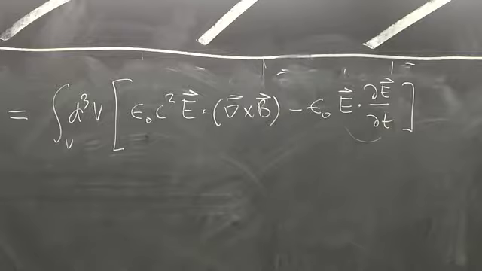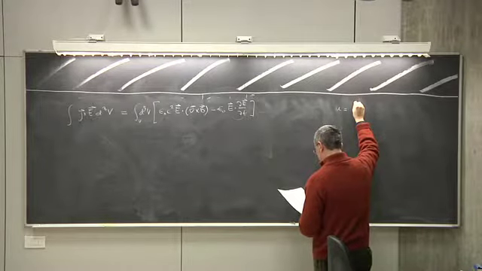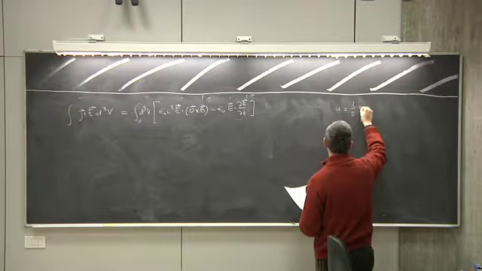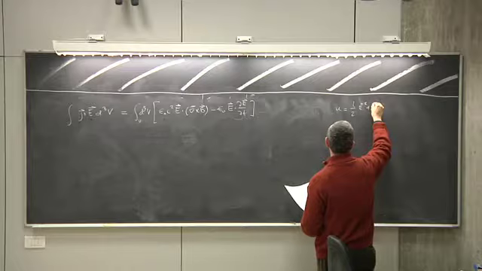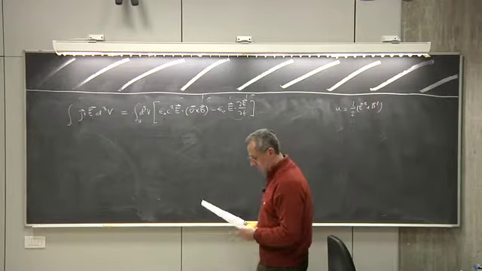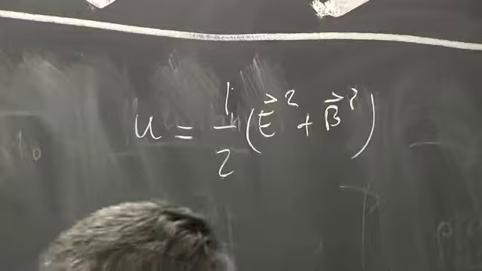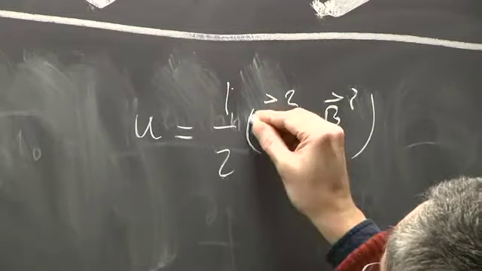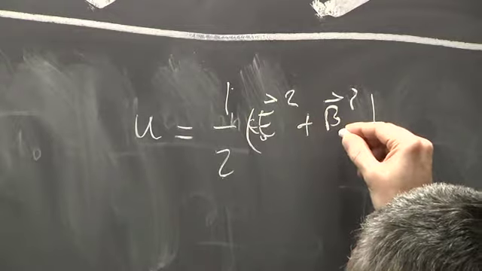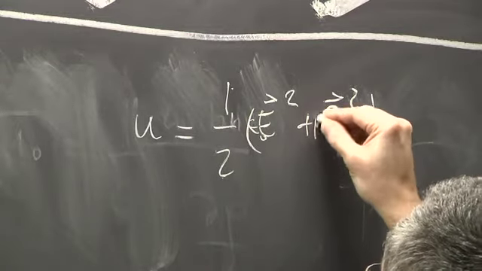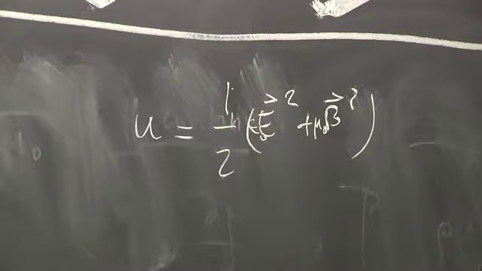Because at the end of the day, I already know that the density of energy is 1/2 (epsilon naught E squared plus B squared over mu naught), that is, B squared over epsilon naught c squared.